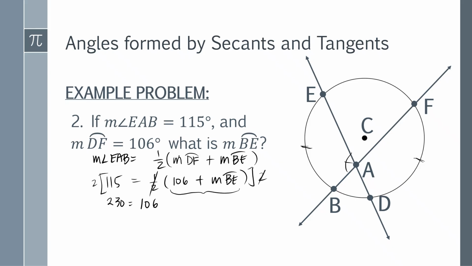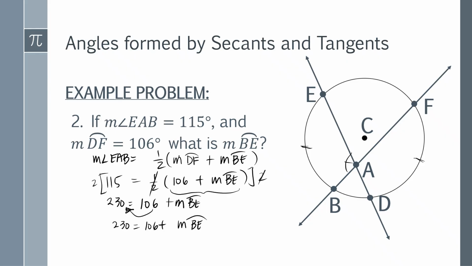So therefore, 106 plus the measure of arc BE. And then, you have to transpose. So therefore, 230 is equal to 106 plus the measure of arc BE.